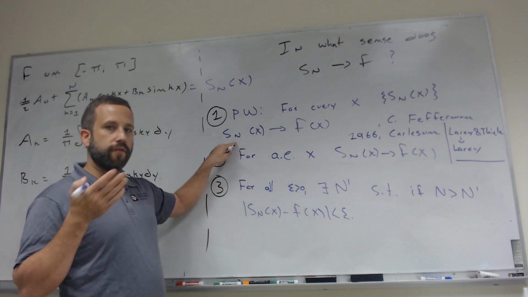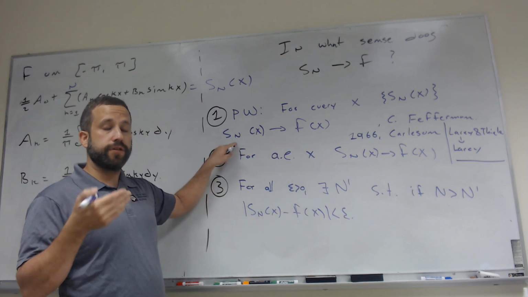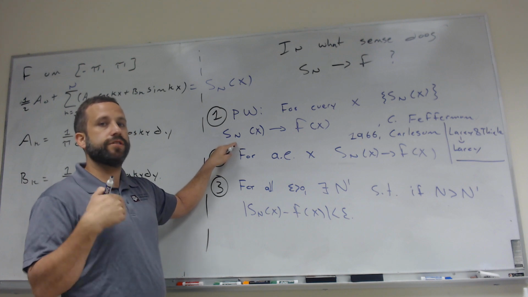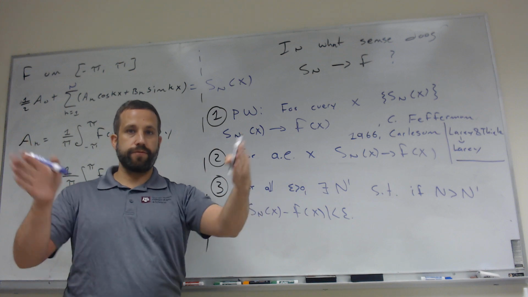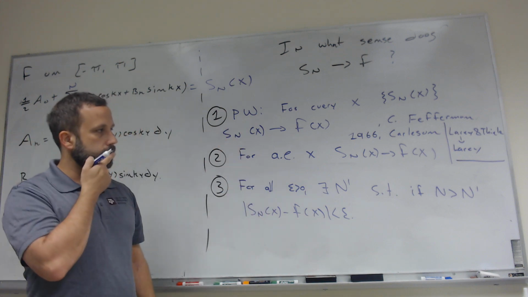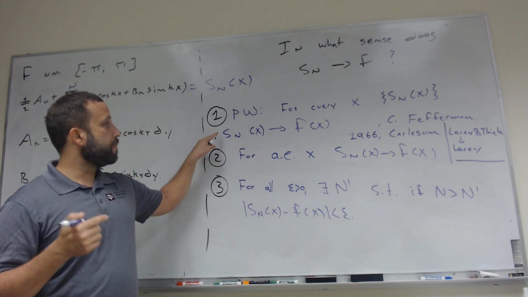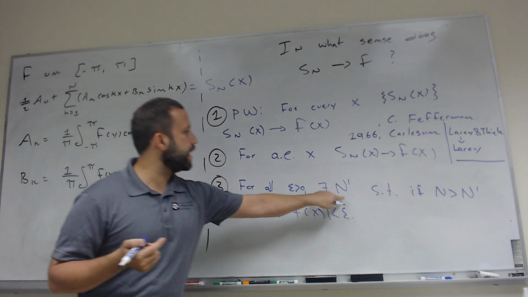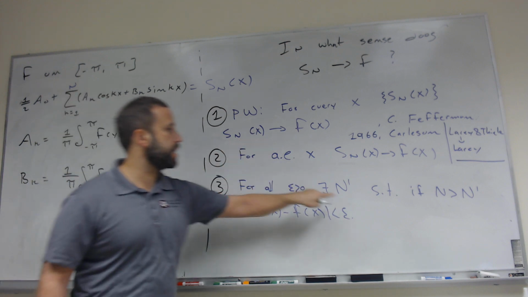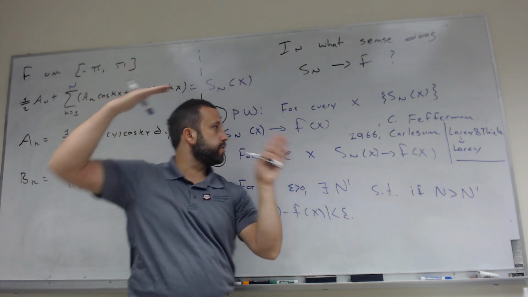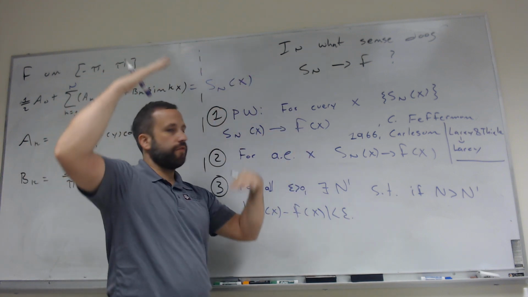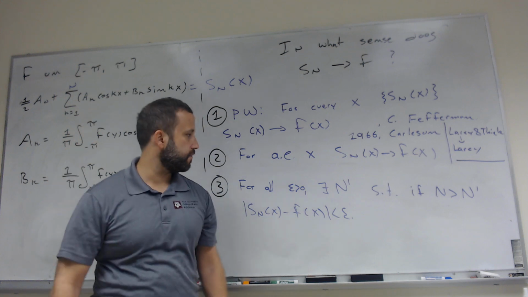It means for every epsilon greater than 0, there is an n prime such that if n is bigger than n prime, the absolute value of Sn of x minus f of x is less than epsilon. But the key thing here is that the n prime can depend on x, but here the n prime cannot depend on x. So the functions are uniform. So the sequence of functions is uniformly converging to f.